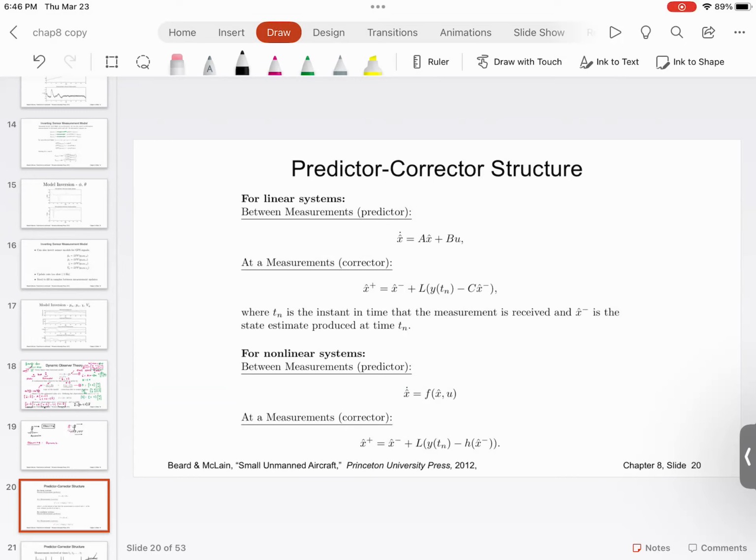And now we get an output, a result. I'm going to correct that result using L, which is time varying, multiplied by the difference between the previous observation and the current observation.